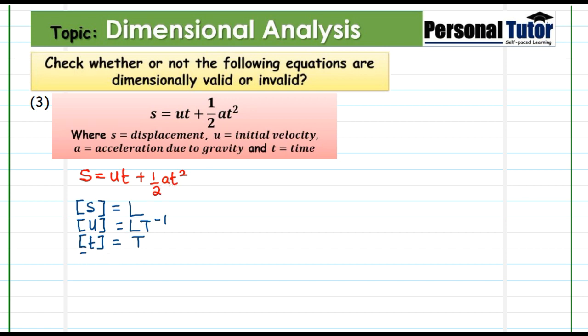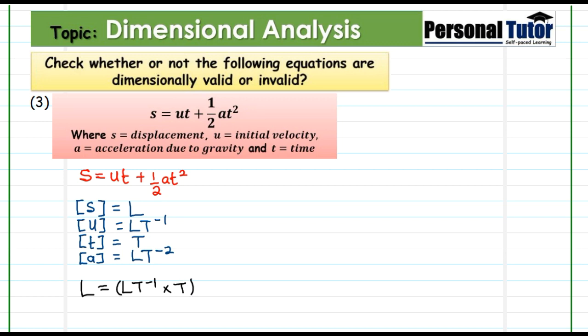The A, acceleration due to gravity or acceleration, is LT minus 2. Great. Now we need to just substitute into the equation as they appear. For the S, it will go for L equal to U, that is LT minus 1 multiplied by T.